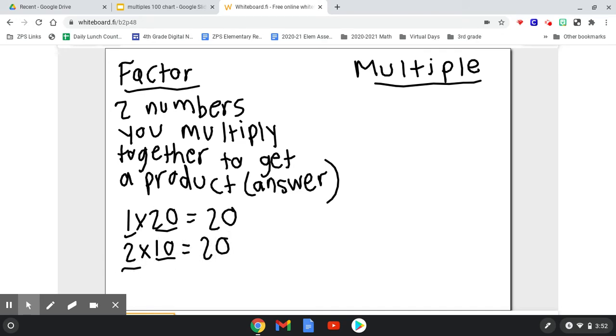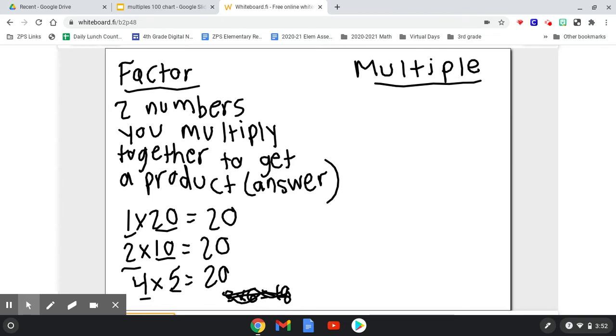So those are also factors. 4 and 5 also equal 20, which are factors. An example that would not work would be 3 times 6. We know that will never equal 20. It will always equal 18. So that one is not going to work.